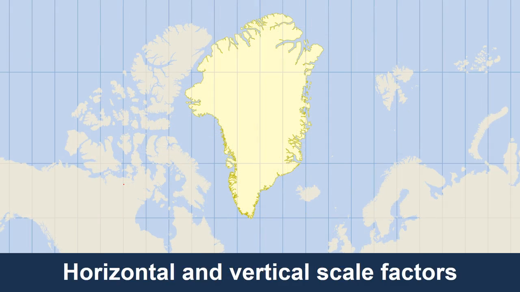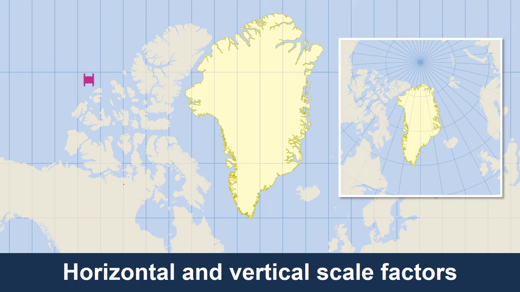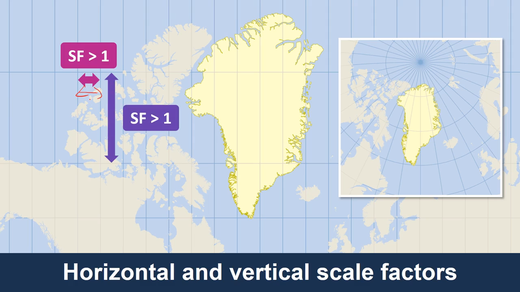So if we look at Greenland again, we can see that we have distortion in the east-west direction, and the scale factor is greater than 1 because the meridians no longer converge. And we have a scale factor greater than 1 in the vertical direction because we're getting this stretching taking place in the north-south direction.